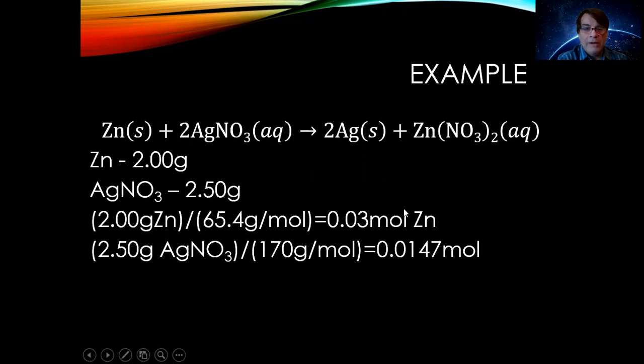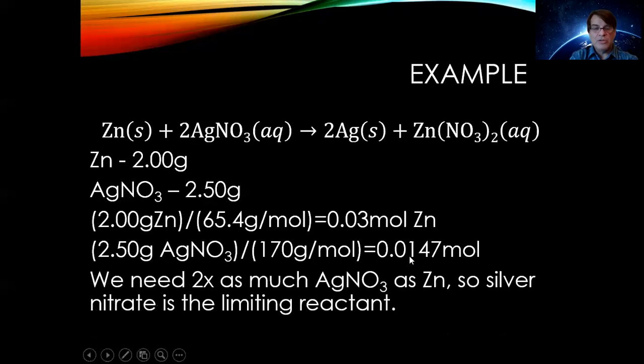So I've got plenty of zinc. I've got lots of zinc here. I don't have lots of silver nitrate. And so it's pretty clear that the silver nitrate is the limiting reactant, because I'm going to run out of silver nitrate long before I run out of zinc. Okay, so let's keep going.